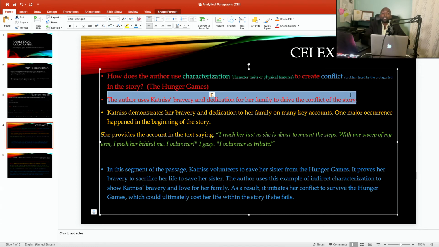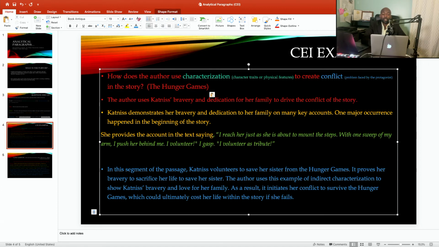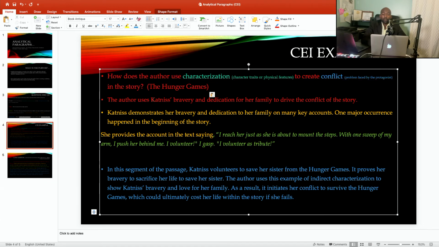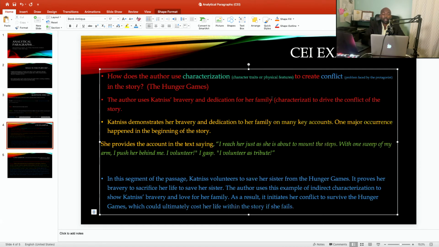Does everybody see how that sentence is a direct answer to this question? Okay? The author uses Katniss's bravery and dedication for her family. What's that? That's characterization. Those are her character traits. She's brave and dedicated to her family. All right? So we say the author uses Katniss's bravery and dedication for her family to drive the conflict of the story.